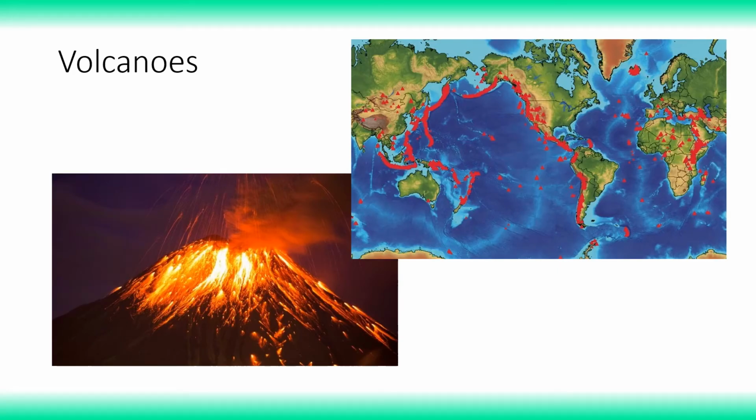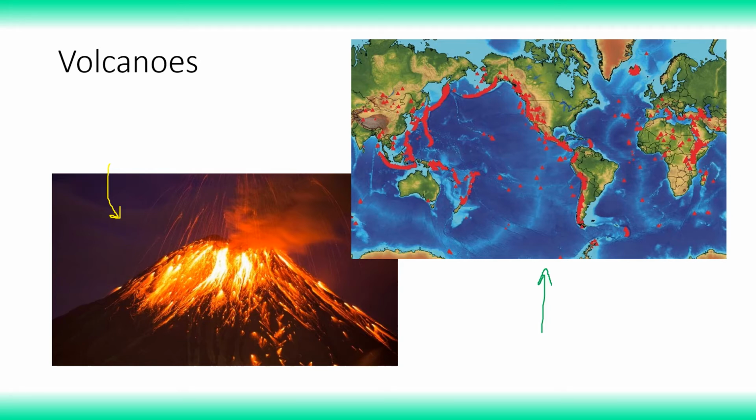Yeah, okay, so here's just for one, as everyone would like to see probably, a pretty picture of a volcanic eruption. They're always pretty cool to look at. But if you look at this diagram up here, that's what I want to draw your attention to, because all the red that you see in this diagram is where volcanoes are found.